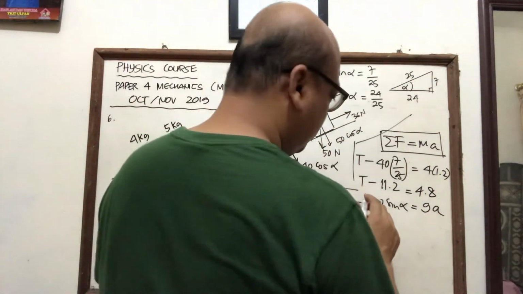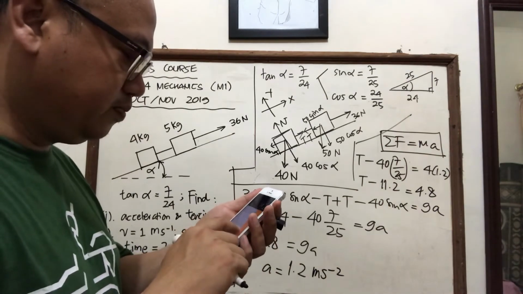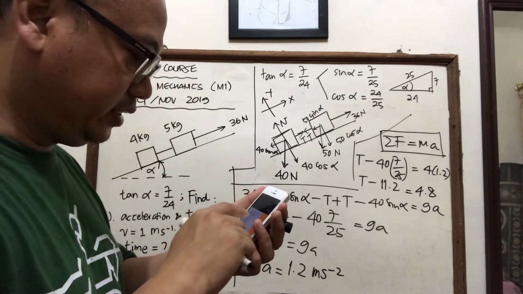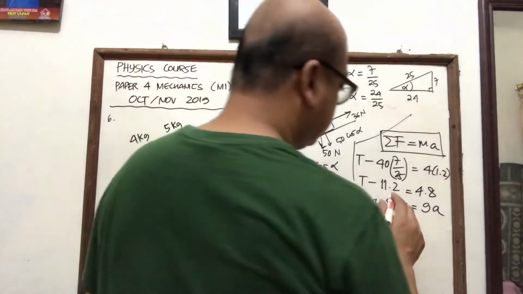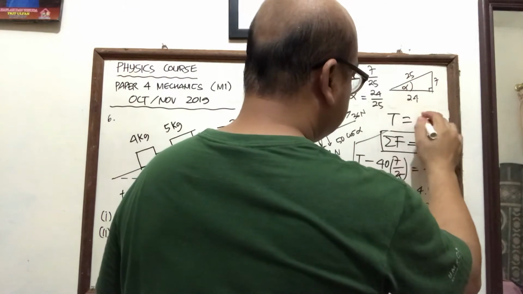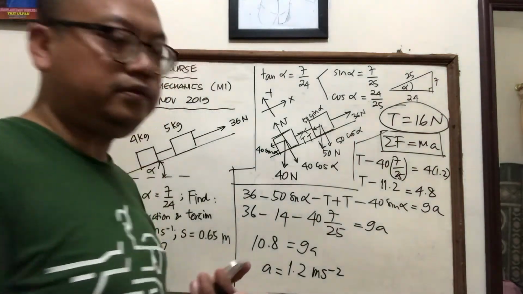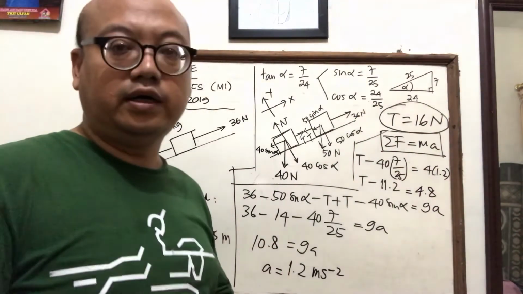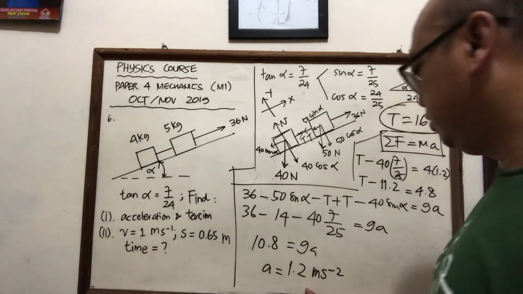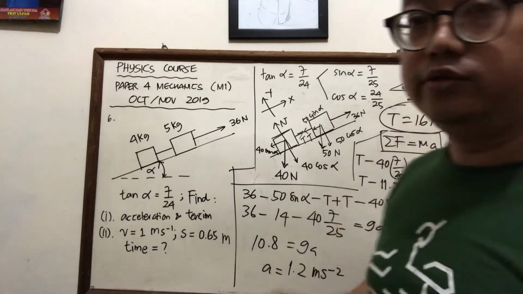So we get tension equals 11.2 plus 4.8, which is equal to 16 Newton. The tension is 16 Newton. So finally we get the answer for question 1: the acceleration is 1.2 meters per second squared, and the tension is 16 Newton.